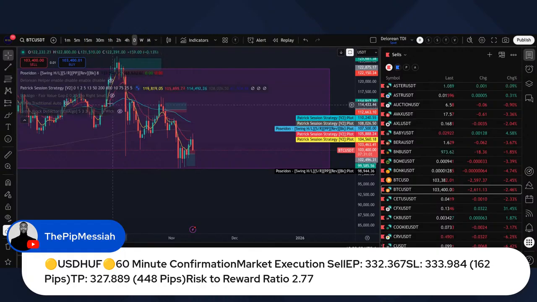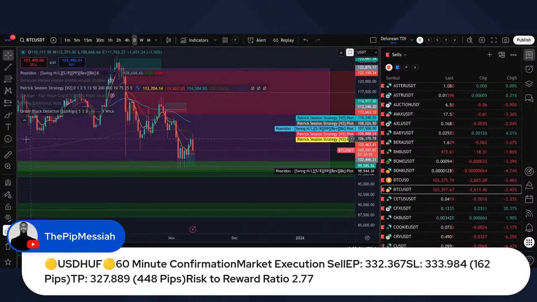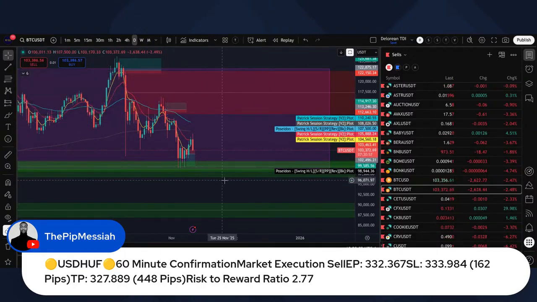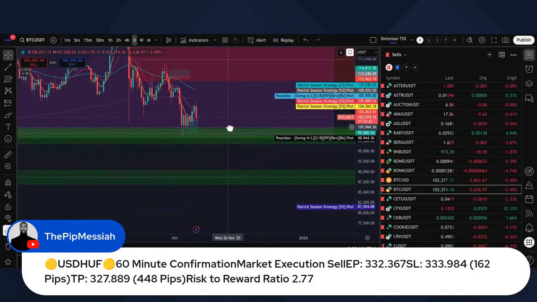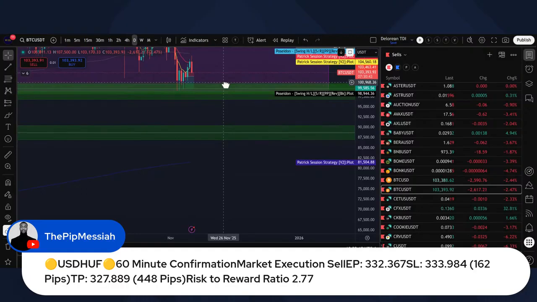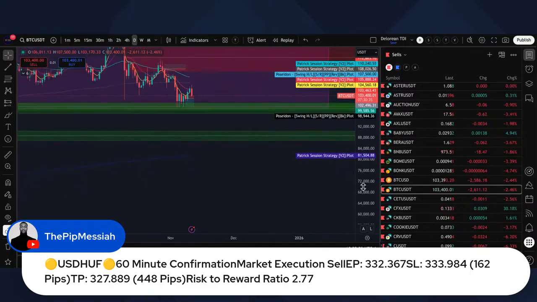Now you start thinking about where it could go. Well, if you look at your order blocks, you have that support right down here at 98,000. If this fails, and there's two of them, price is dropping to 88.6. If that fails, the only thing keeping Bitcoin from going into complete free fall is the 800 EMA at 81,504.